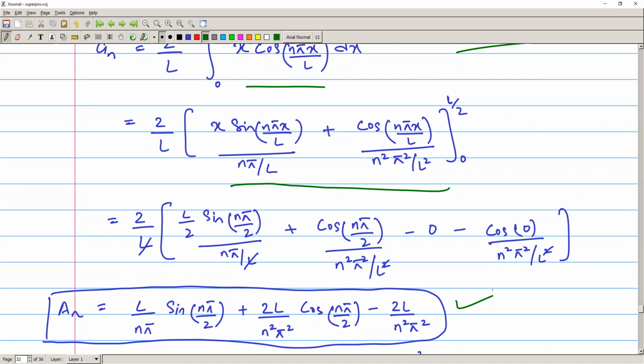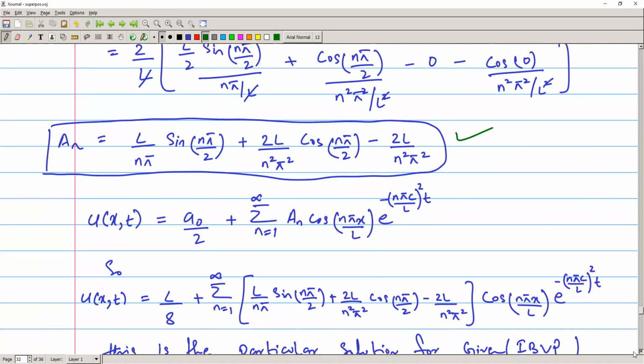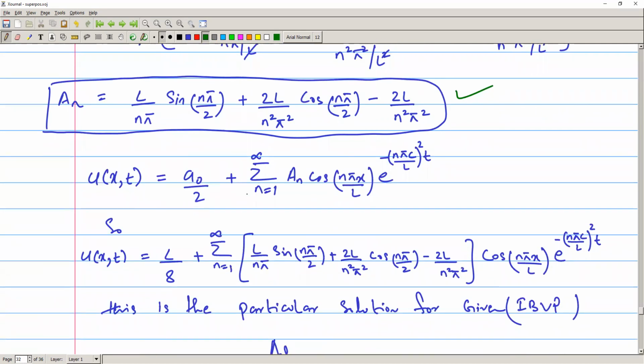So we got both a naught and a n, so we can plug this into the general equation. So this is a naught over 2. It means that if a naught is equal to L by 4, then a naught over 2 will be equal to L over 8. So we can write L over 8 in place of a naught over 2 right here.